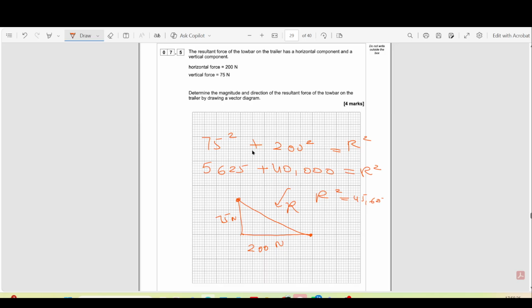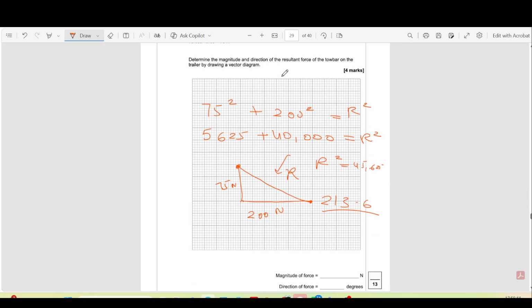Then you root it. The square root of 45,625 is equal to 213.6. Yeah, that is the correct answer. So this is the magnitude of the resultant force, and the direction goes diagonally like this.